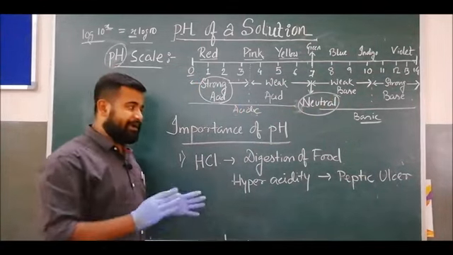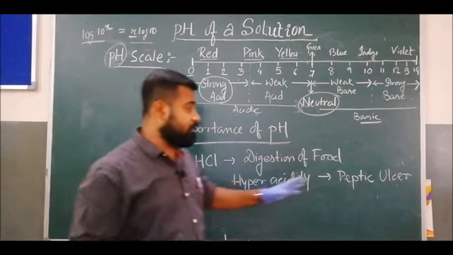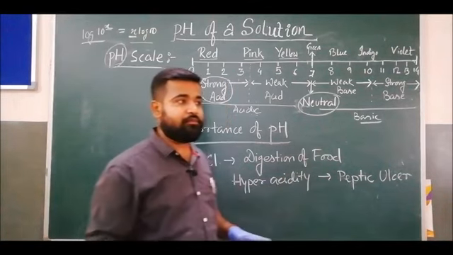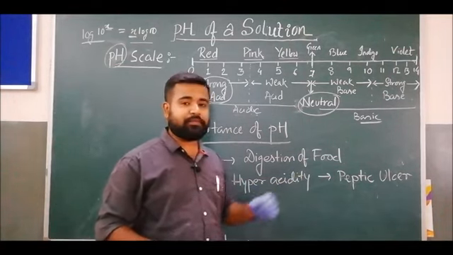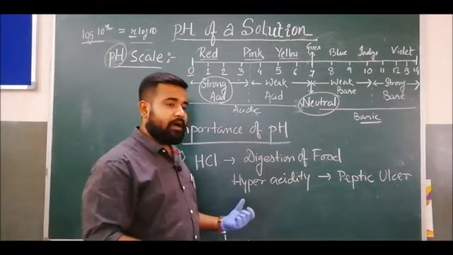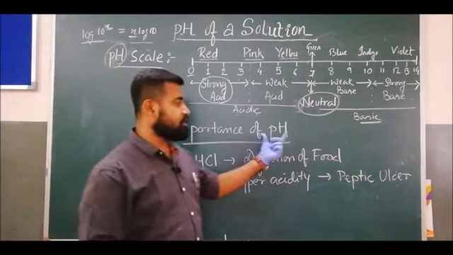That is a deadly disease. The only preventive measure is the operation. Prolonged hyperacidity leads to peptic ulcer. Why does it arise? Due to excessive secretion of HCl, the disturbance of pH.